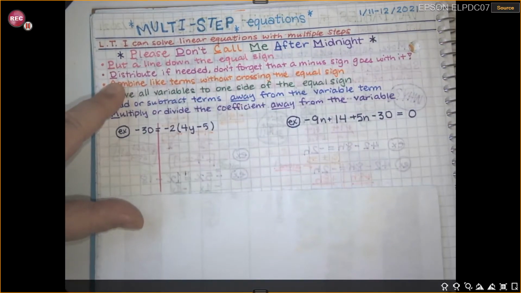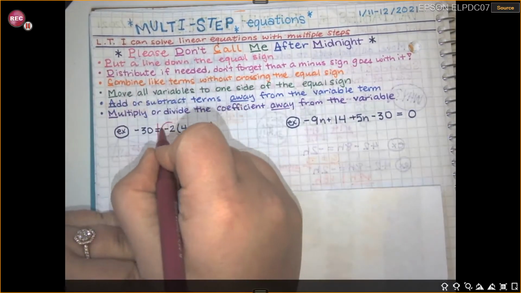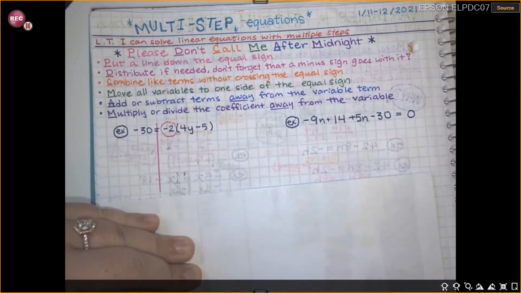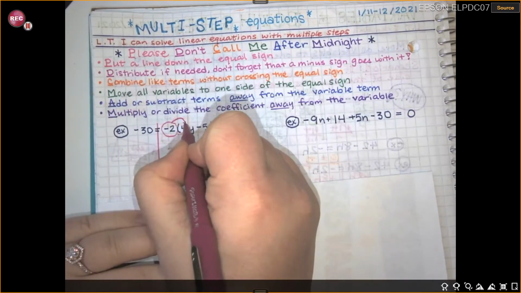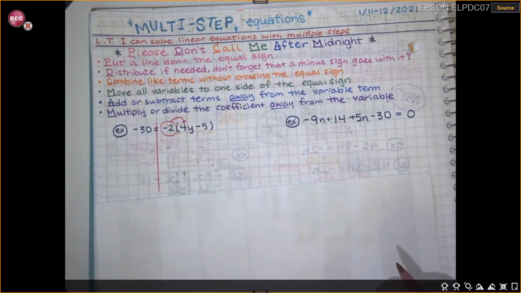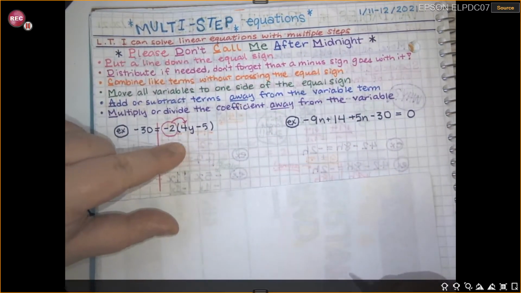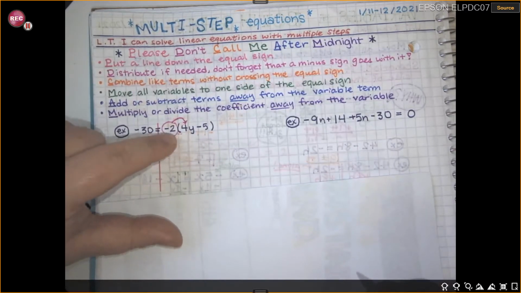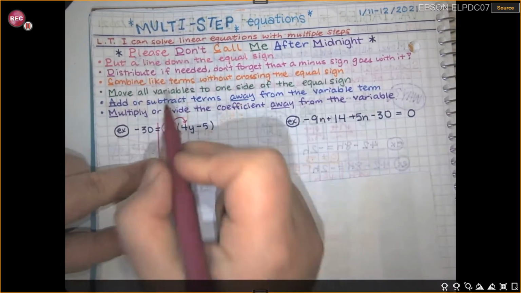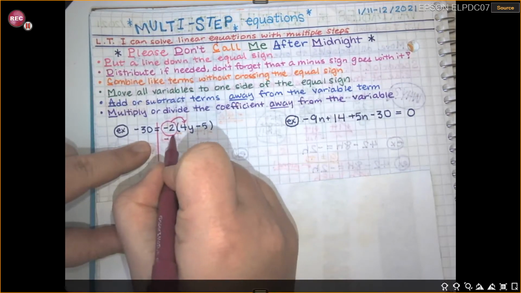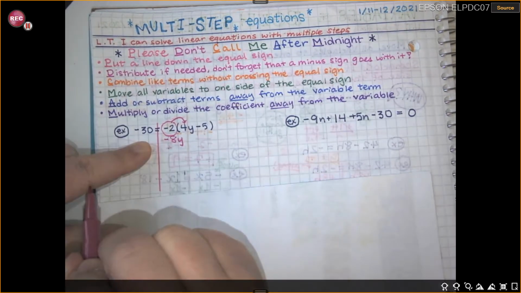There is something to distribute here. You have a -2 out front of these parentheses. So what that means is we need to multiply each term inside. So -2 times 4y. Remember, the way you multiply these is just multiply the numbers and bring the y down. So -2 times 4 is -8y.